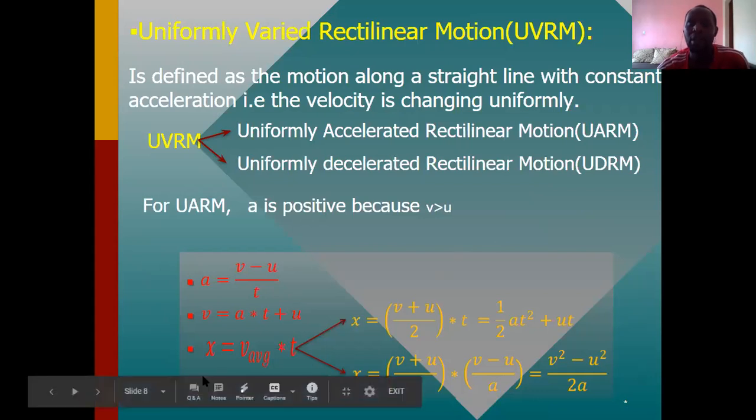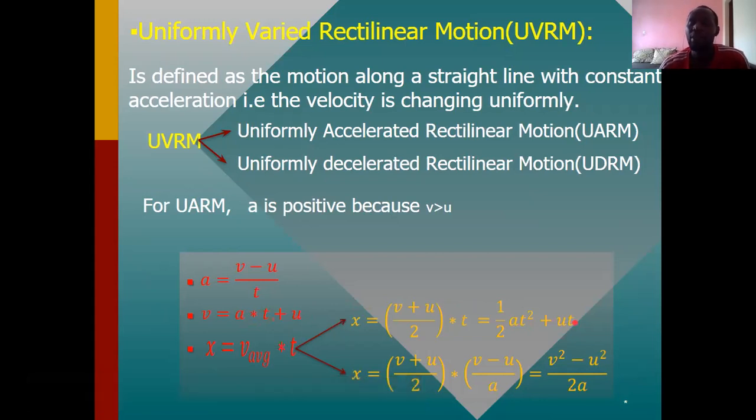Also, by replacing the value of v in this formula, which is equal to a multiplied by t plus u, we are going to get 1 over 2 a t squared plus u t.